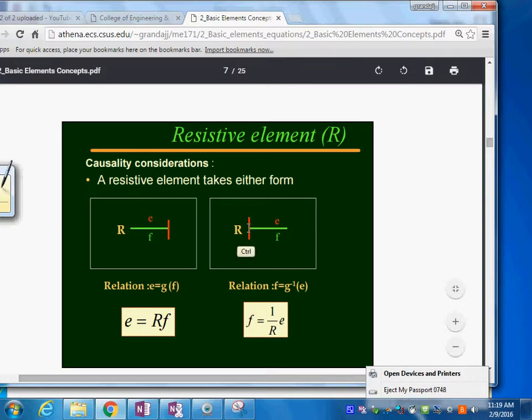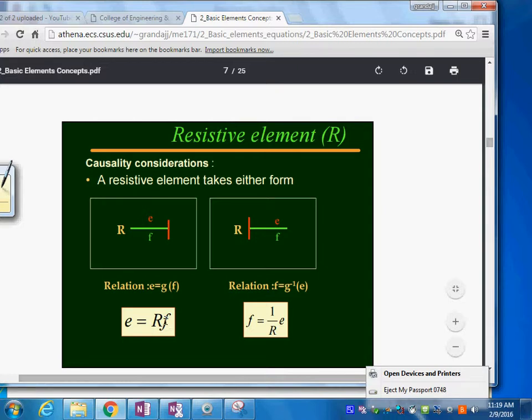So what we're seeing here is that the red line indicates the efforts, the green line indicates the flow. If you have it this way, the equation is different. In terms of the output, F is 1 over R times E. So my point is that depending on how it is written, this way or this way, the equation of that element has to be different.